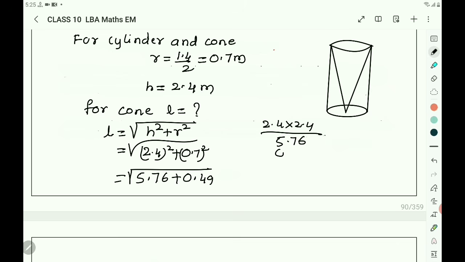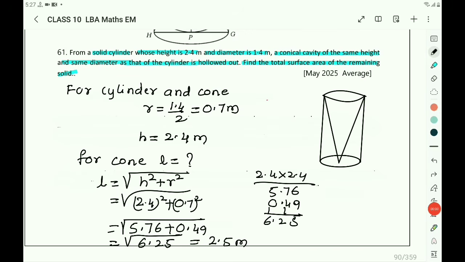Add these two, 0.49 and 5.76: 6 plus 9, 15, 1 carry, 7 plus 4, 11, 11 plus 1, 12, 1 carry, 1 plus 5 is 6. So 6.25, that is equal to root 6.25, which is equal to 2.5 meter.